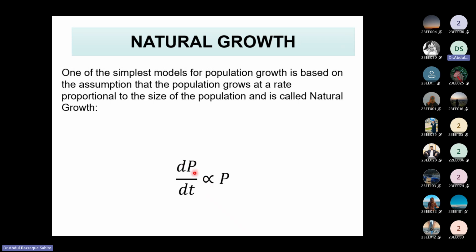So the change of population with respect to the time is directly proportional to the population itself. This is called the law of natural growth. One of the simplest models of population growth is based on the assumption that the population grows at a rate proportional to the size of the population, and this is called the law of natural growth.